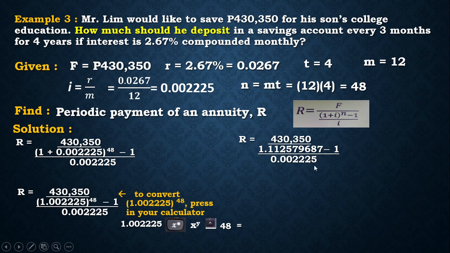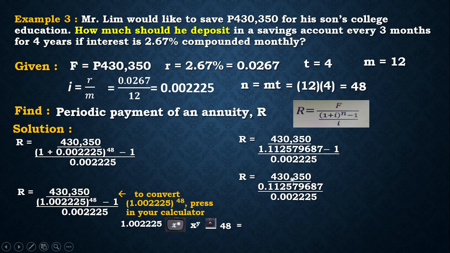Ang next step po, wala po ulit tayong gagalawin rito sa F. Pati na rin po rito sa letter I. So, isusubtract po muna natin itong part na to, itong middle portion, or the denominator of F. So, ang nangyari, as is po tayo sa F, which is 430,350, sinubtract po natin ito, kaya naging 0.112579687. Ang susunod na step, i-divide nyo po ito dito.